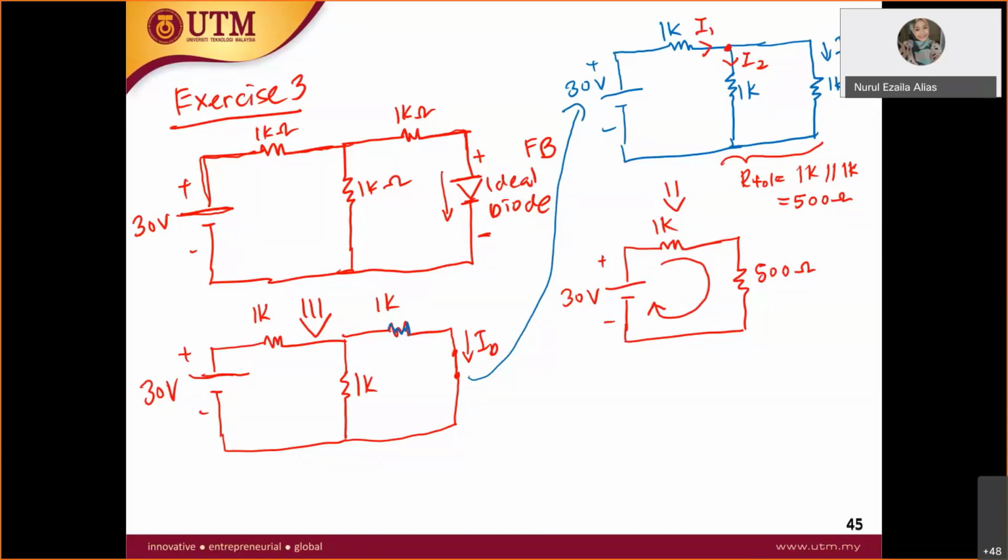Now for this case, can you find this I1? Can, right? If you apply KVL, you will get negative 30, plus I1 times 1K, plus I1 times 500 equal to 0.